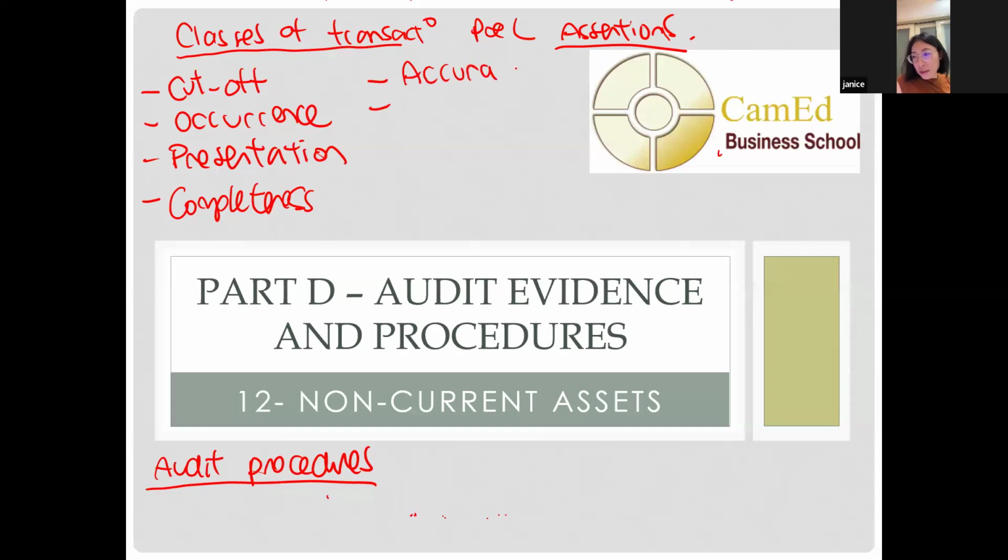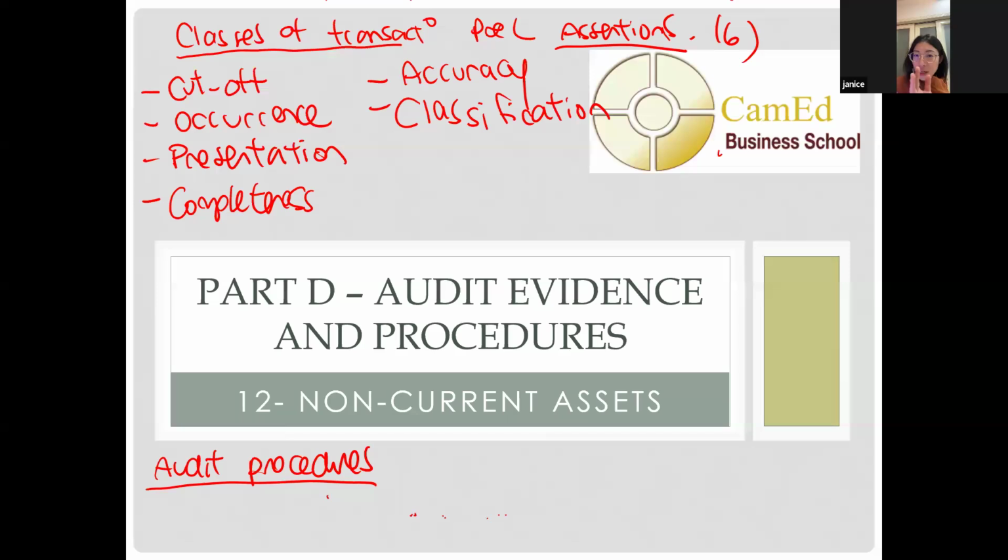And the last one, we need to make sure it's recorded in the correct account. It starts with a C. Classification, yes, very good. So these are the 6 assertions for classes of transaction.